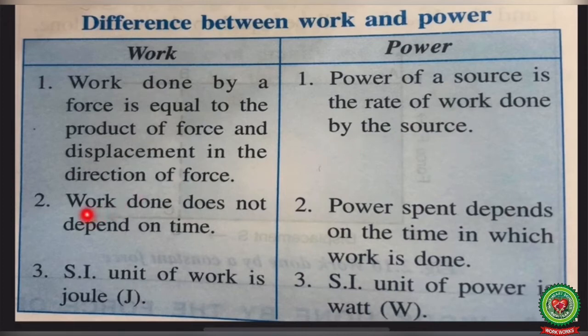Second difference is work done does not depend on time. And second point in power is, power spent depends on the time in which work is done. Third, SI unit of work is joule. And third point in case of power is SI unit of power is watt.